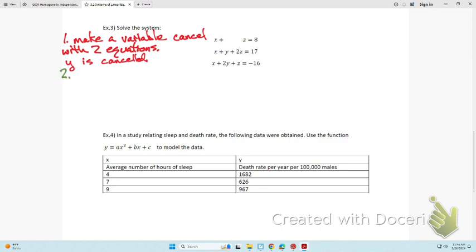we need to pick y. Make the same variable cancel from a different pair of equations.